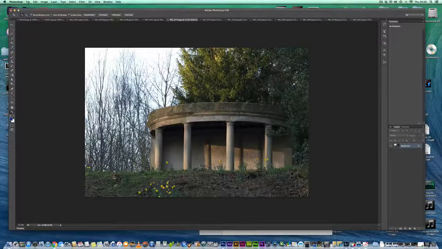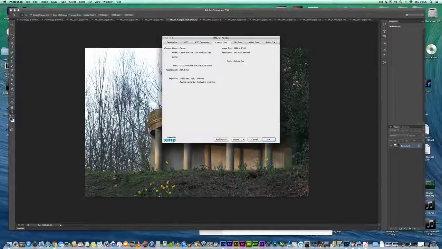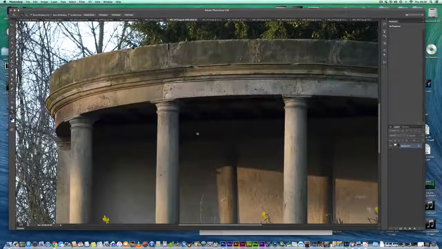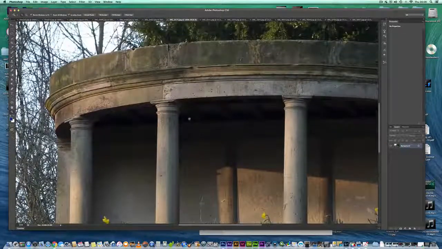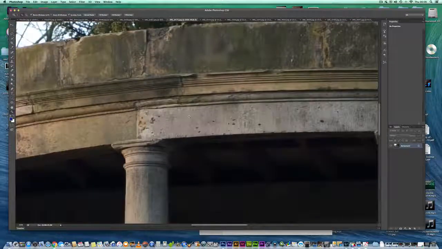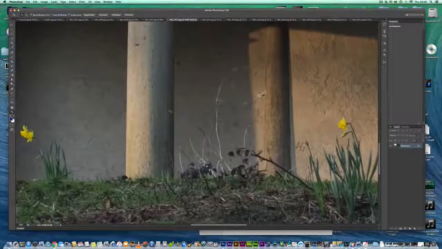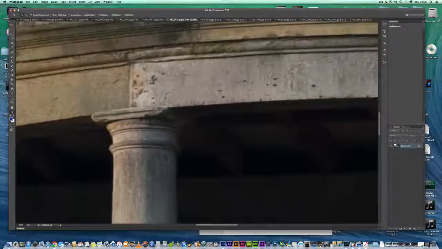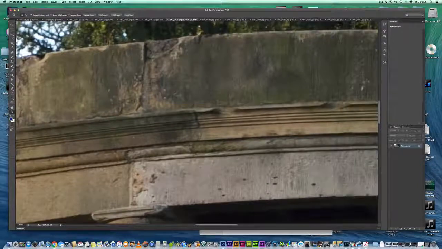So let's just have a look at the data for the image. 214mm, f8, ISO 800. 100%, looks fairly good. 200%, 300%. Next image.